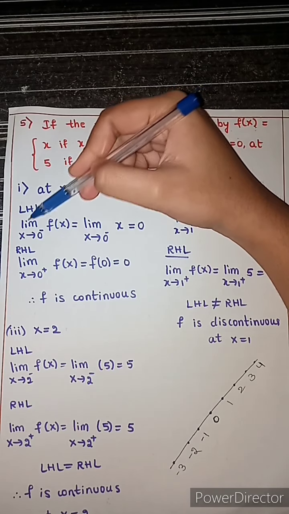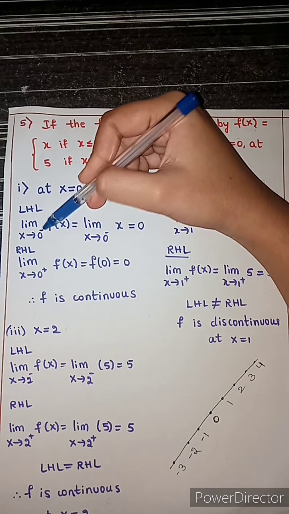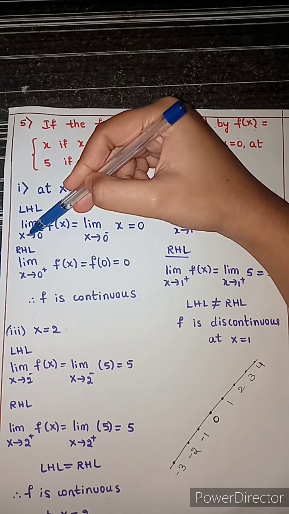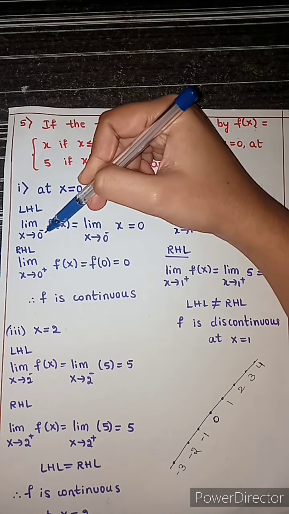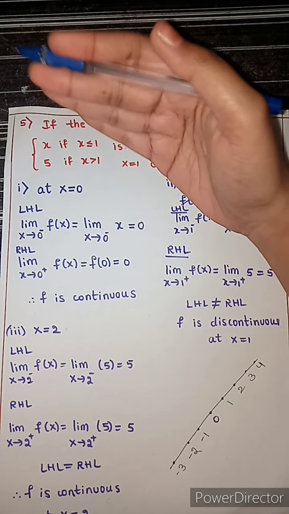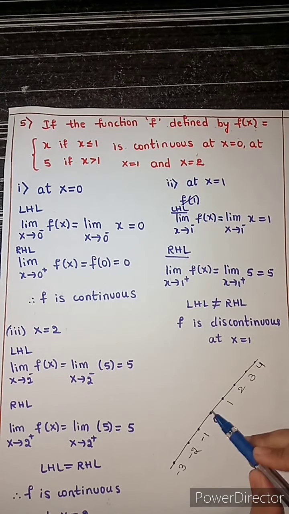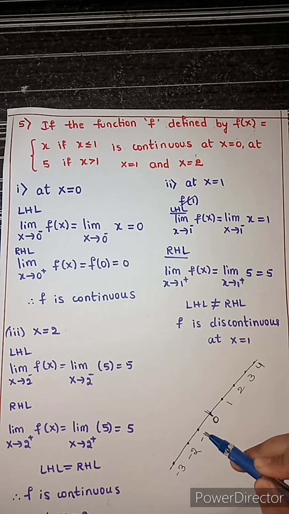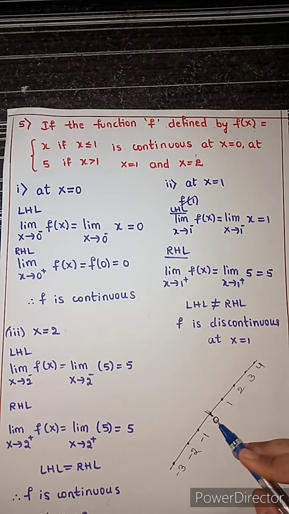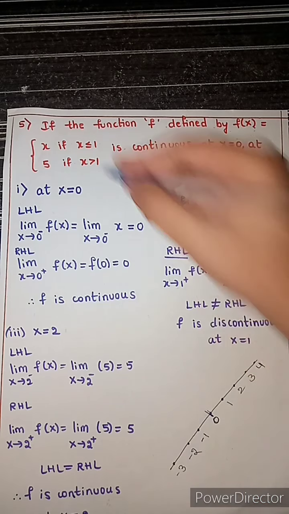Now, let's take the left hand limit first. Left hand limit means 0 minus. Limit x tends to 0 minus f of x. 0 minus means somewhat less than 0. Where are we getting less than 0?